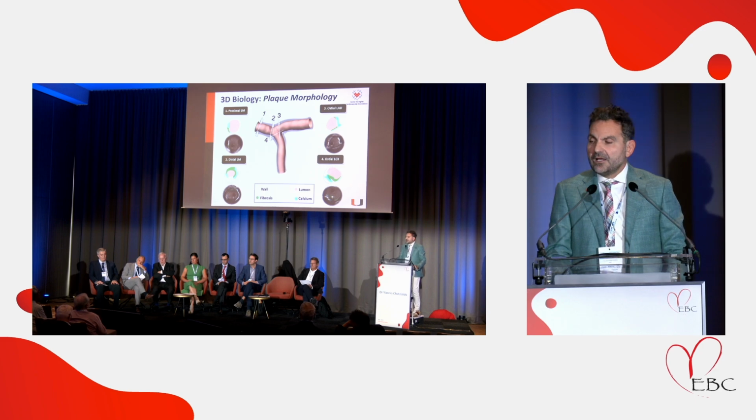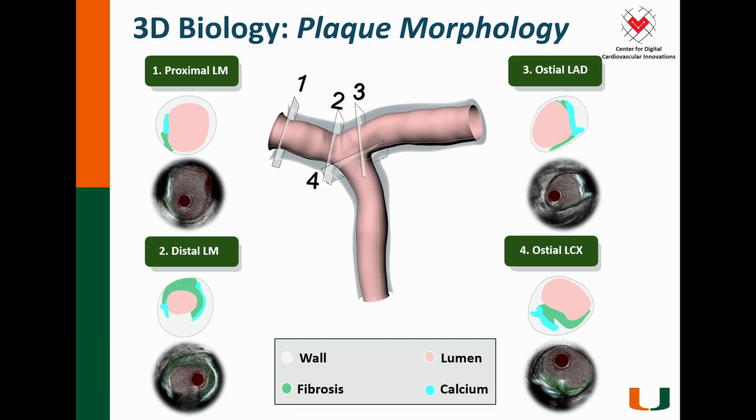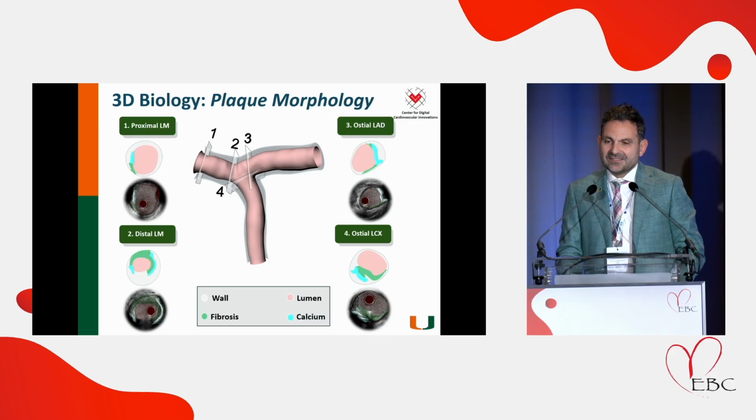And then here is now the 3D biology, because the body is 3D, not 2D. And then you see the 1 is the proximal left main slice, the 2 is the distal left main, the 3 is the ostial LAD, and the 4 is the ostial circumflex.